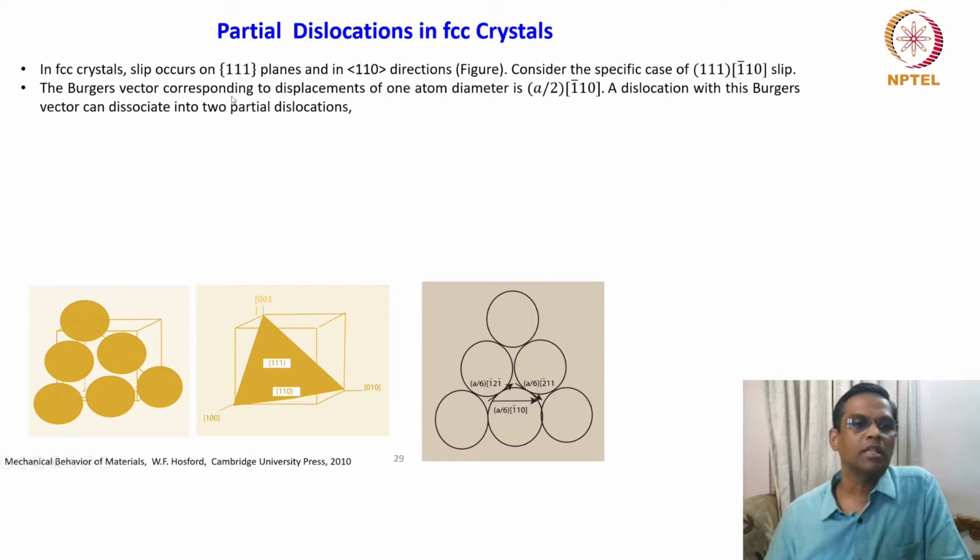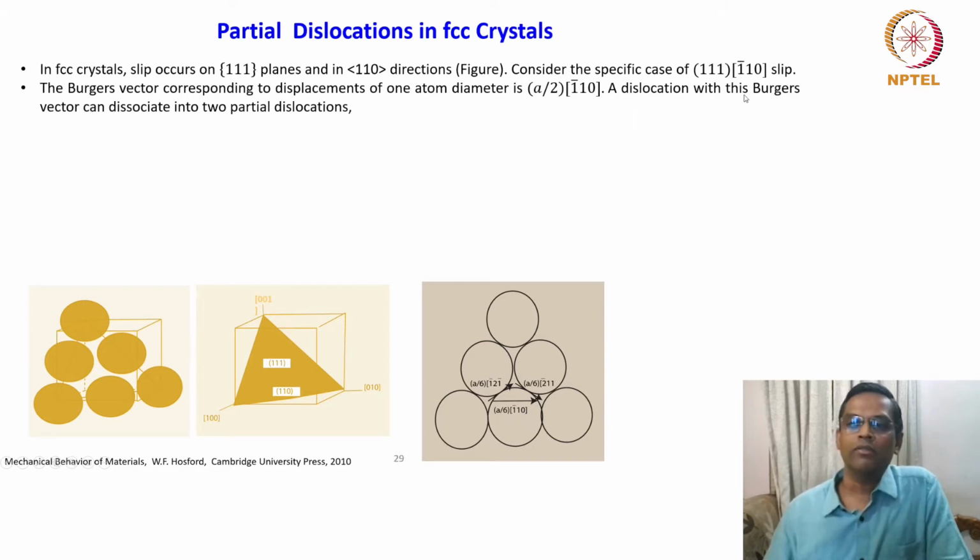The Burgers vector corresponding to the displacement of one atom diameter is a/2 [bar 1 1 0]. So this is a/2. There is a typo here. It is written as a/6, so it should be a/2 [bar 1 1 0]. That's a correction.